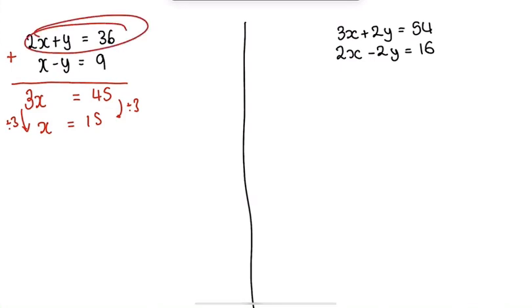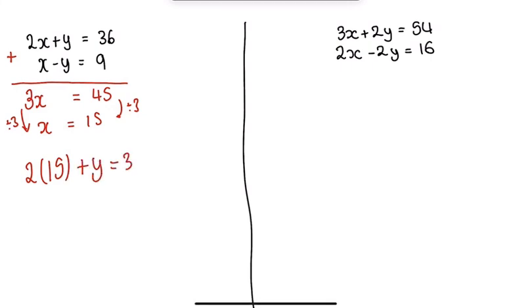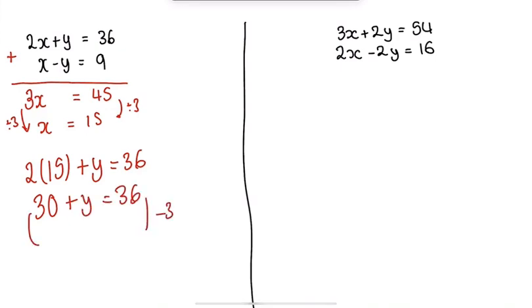We need to find out what y is, so I'm going to substitute my x into my top equation. Doesn't matter which one you do. I get 30 plus y equals 36. Now to solve this, I just take away 30 from both sides, leaving me with y equals 6. That means my answer is x equals 15 and y equals 6.